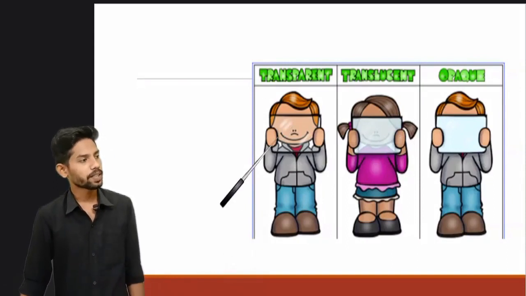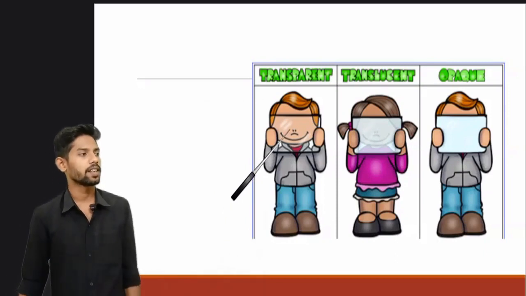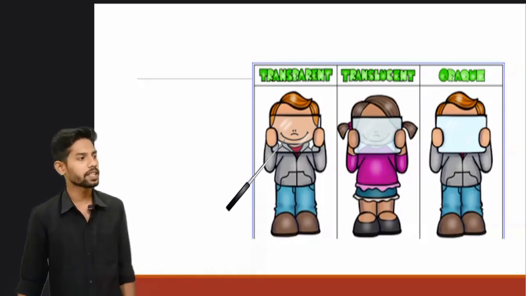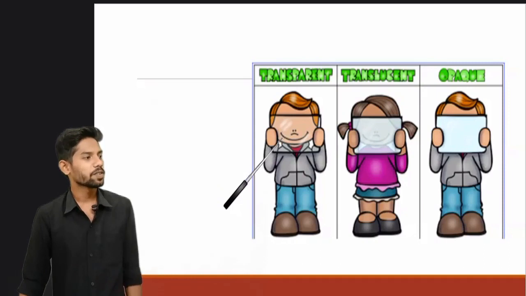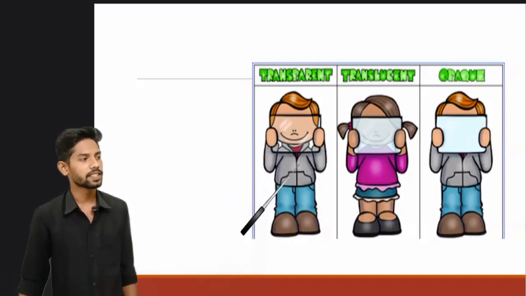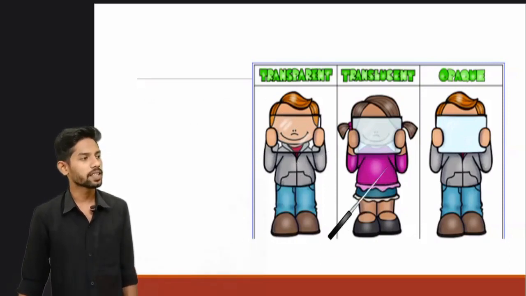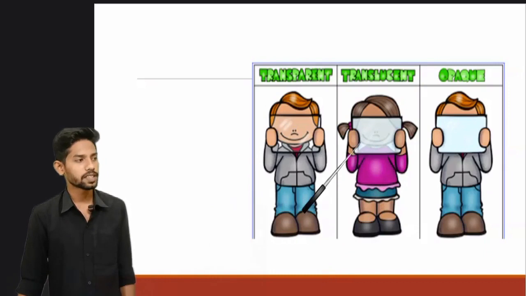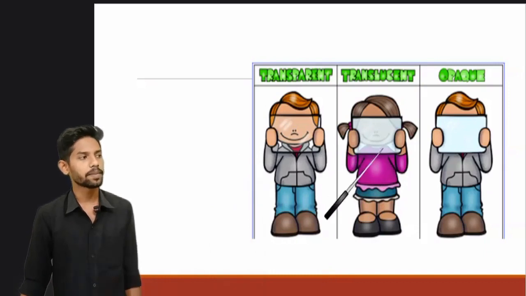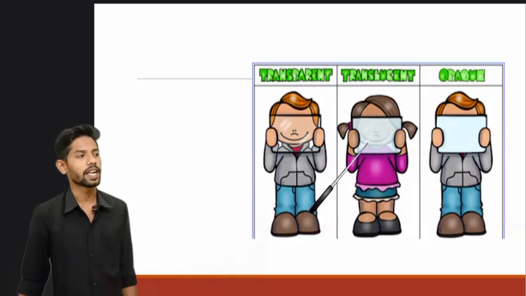Coming to this topic, now you can see clearly a boy is holding a piece of transparent object. It may be a cover or some plate, transparent glass. So everything is seen, and what is behind the face is clearly seen. So this is an example for transparent objects. And another thing, a girl is carrying a similar glass but not the same glass, it's translucent.